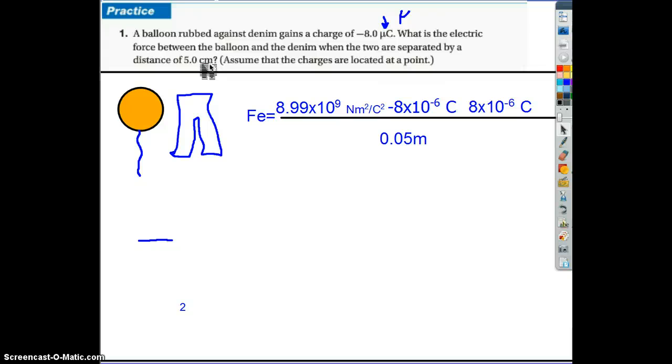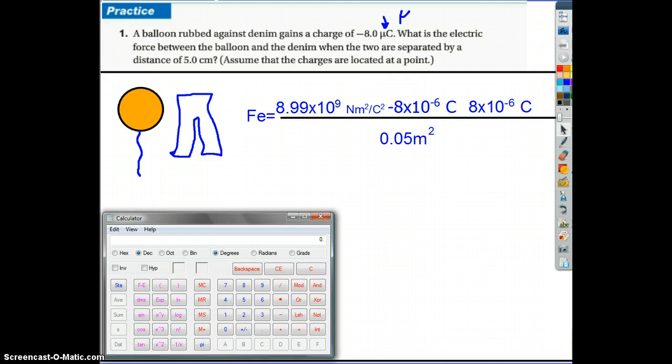We will not use centimeters, kilometers, micrometers, nanometers, picometers, or millimeters. We will use plain old meters in all of our calculations. So you convert this over to 0.05 meters, and then we throw in our squared.